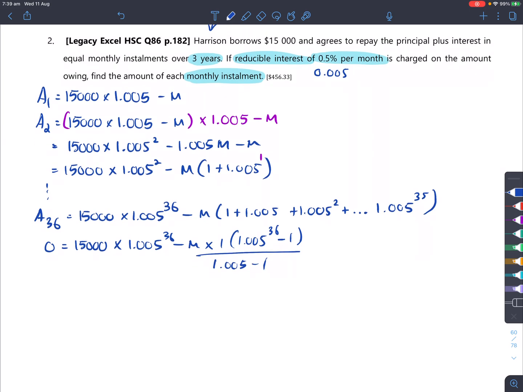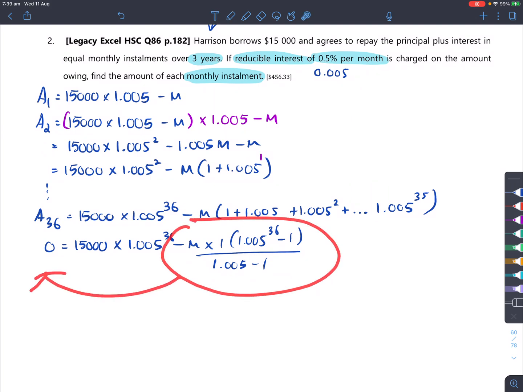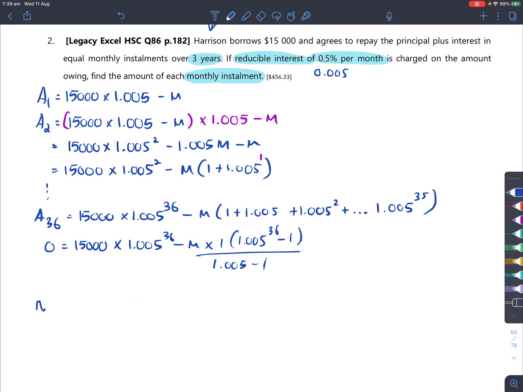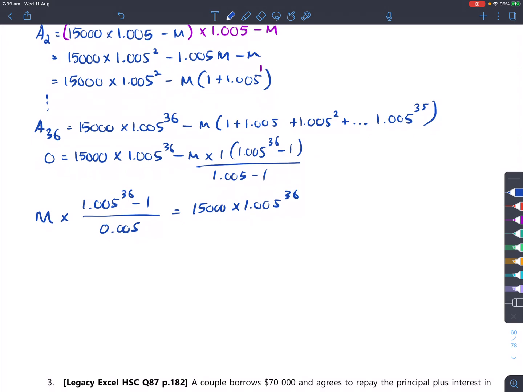Okay? And then we have to find out what M is. So we've got to grab this whole bunch of terms to the other side. So that M times 1.005 to the power 36 minus 1 over 0.005 is equal to 15,000 times 1.005 to the power 36. And we simply move this to the other side by just dividing it through. So M would equal to whatever this is.